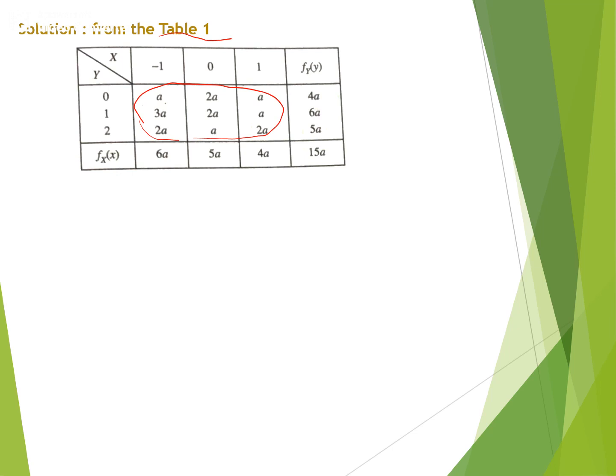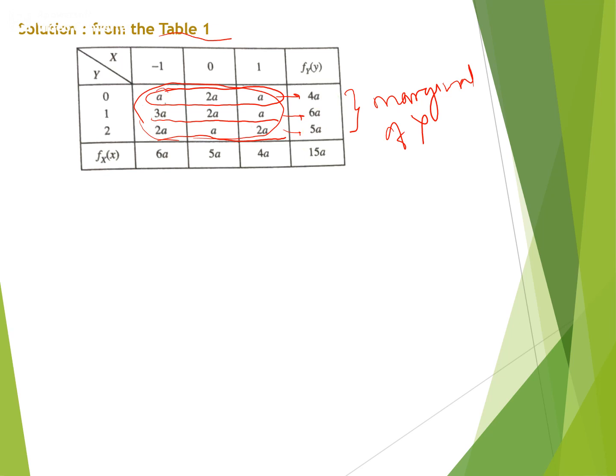Here first we find the marginal probability. If we add a plus 2a plus a, we get 4a. If we add 3a plus 2a plus a, we get 6a. And if we add 2a plus a plus 2a, we get 5a. These represent the marginal of y, means marginal function of y.